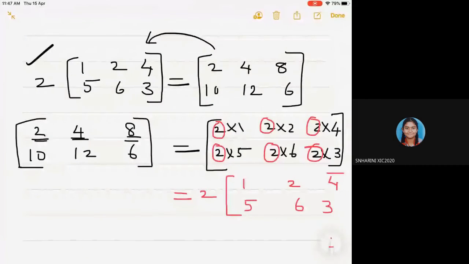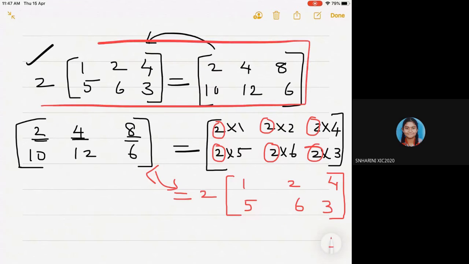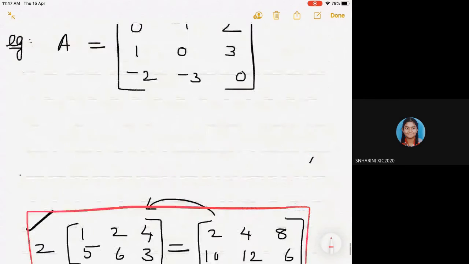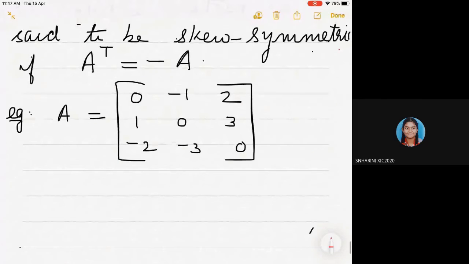This is nothing but scalar multiplication, thought of in the reverse manner. So if there is a common factor in every element of the matrix, that factor can be taken out. Keeping this in mind, we'll proceed now.